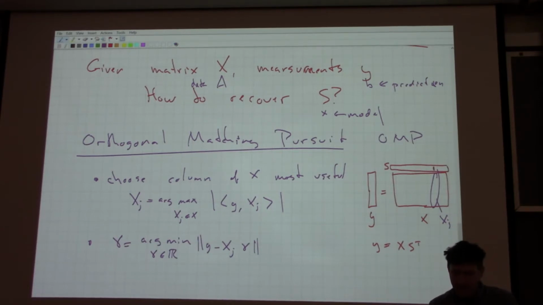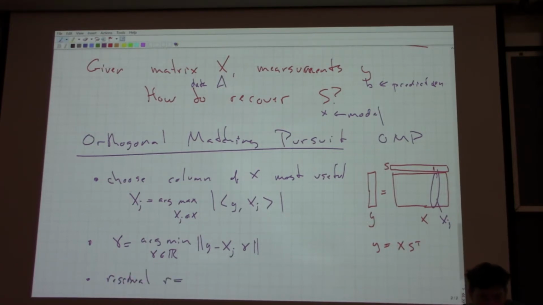Okay, and then the final step is I'm going to create this thing called the residual. This is going to be y minus xj gamma.